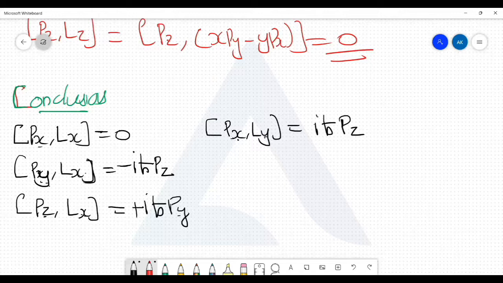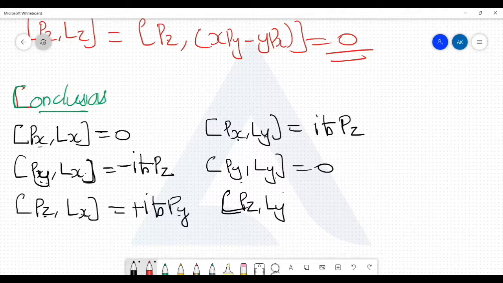XYZ order, so positive. Now py with Ly, definitely this will be 0. Both are y. Then you have pz with Ly, that should be iħ cross pz y, therefore px. ZYX is not cyclic, therefore not in the proper order, therefore negative.